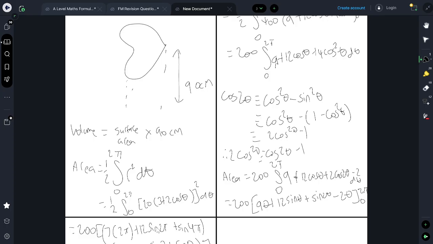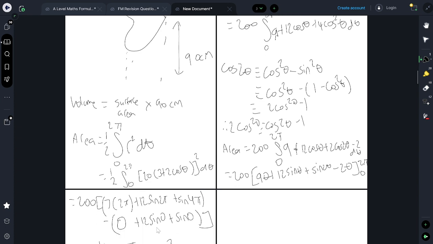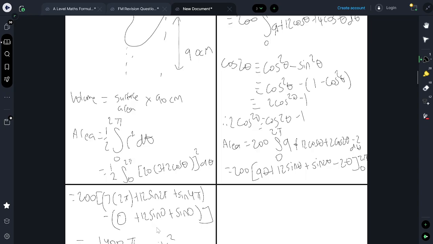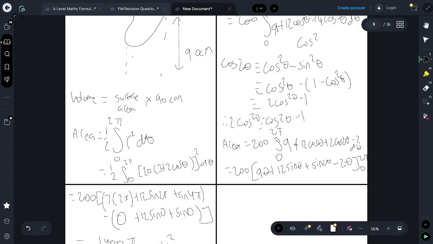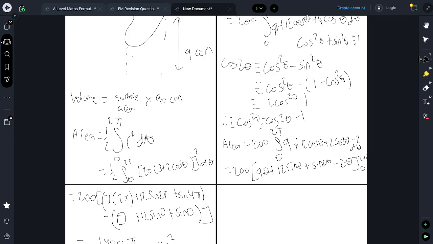What is minus, isn't it? Cos squared plus sine squared is 1. So substitute sine squared is 1 minus cos squared. That's what I've done here.